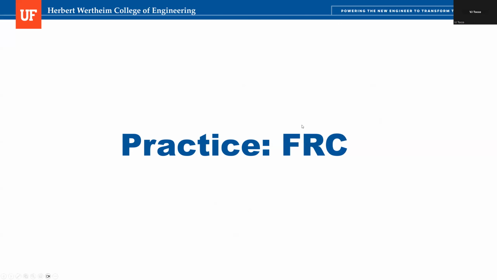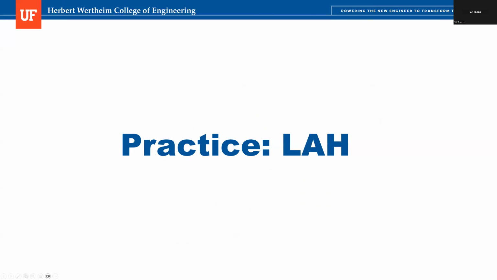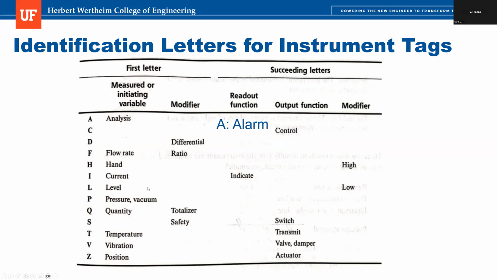And FRC is flow ratio controller. LAH, level alarm control. I'm sorry, level alarm high. So if the liquid level in a tank were to rise above a certain set value, that alarm would go off.